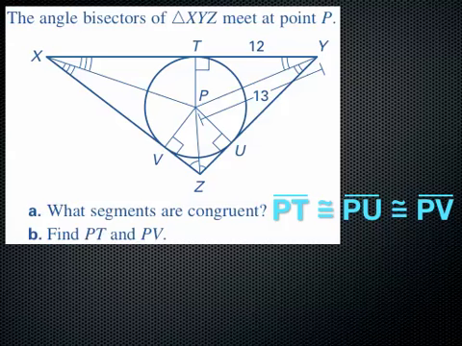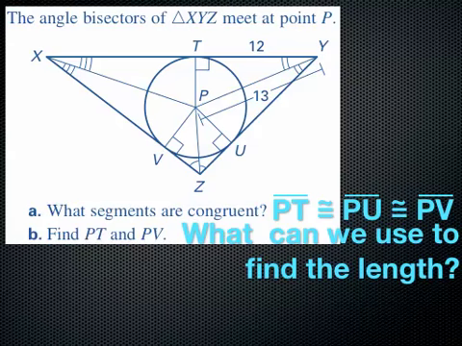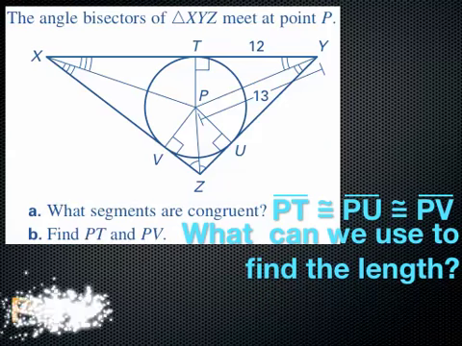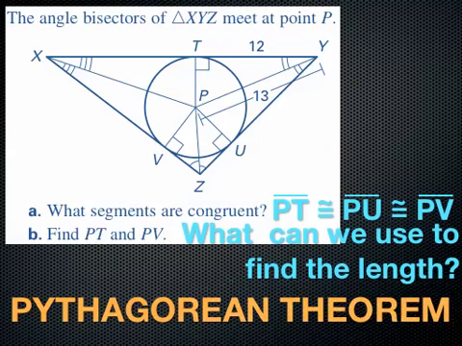So we are going to be able to use the Pythagorean theorem to find the length of TP. We need to say that 12 squared plus x squared equals 13 squared. When you solve the Pythagorean theorem, you find that TP equals 5, or PT equals 5. If PT equals 5, then PV is also going to equal 5. And just a side note, it didn't ask us to find it, but if both of those equal 5, then PU also equals 5.